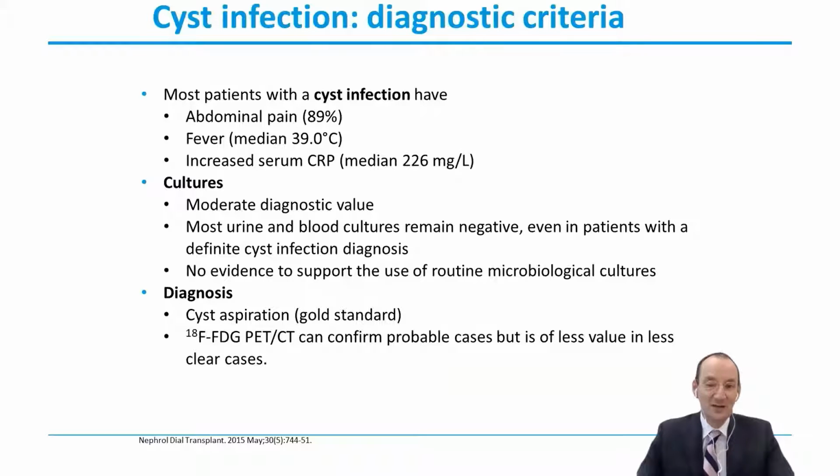And indeed, most cultures remain negative, and there is no evidence to support the use of routine microbiological cultures. We do it all, but the results are quite disappointing. So that's why we rely on cyst aspiration as the gold standard, or FDG PET scanning to confirm probable cases.